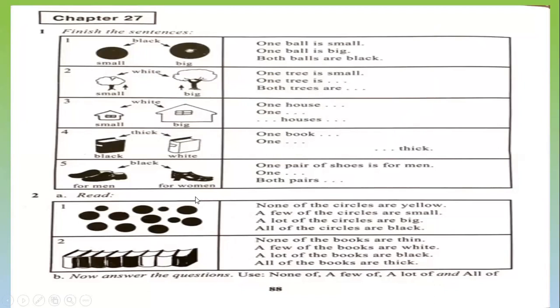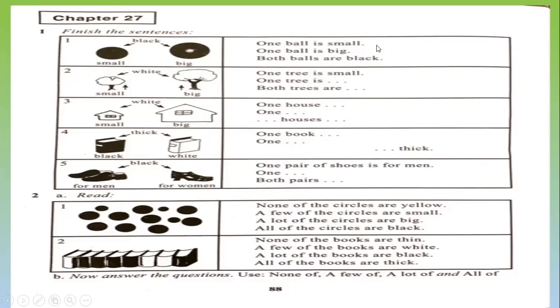First of all, we are going to read. Then I will tell you what to do in this chapter. Finish the sentences. Let's read number 1. Here are 2 balls. Small, big, black. Let's read what they are saying.